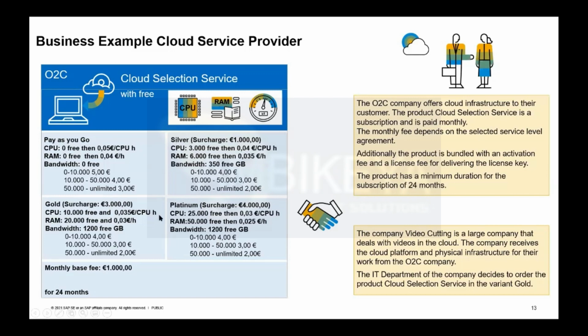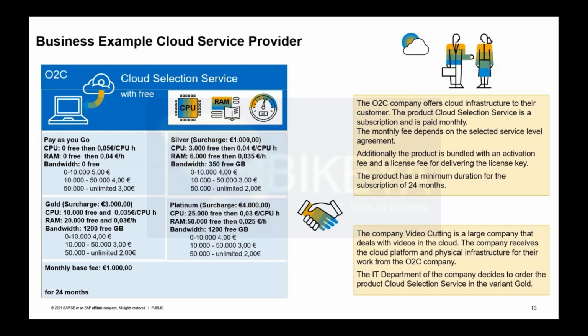So our cloud selection service that we use in the training example is used in all BRIM trainings, to make it easier to follow the example. But it's also complex enough to get an idea what you can do with BRIM and how BRIM supports processes.